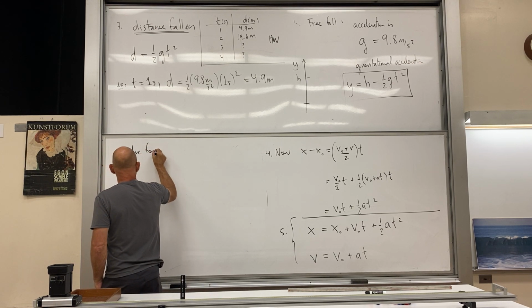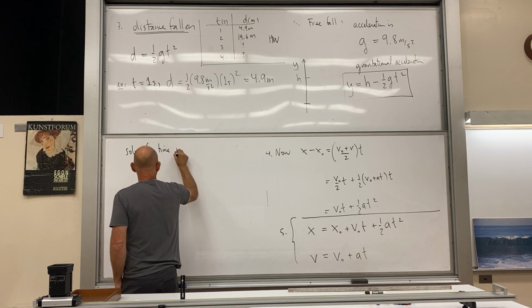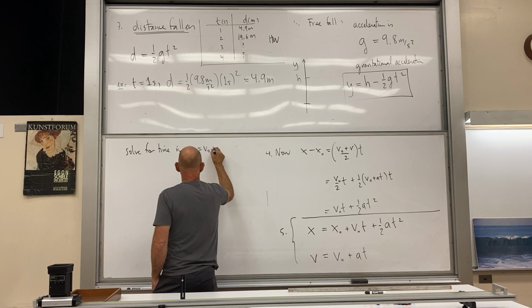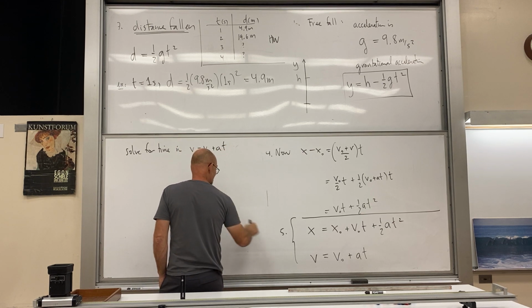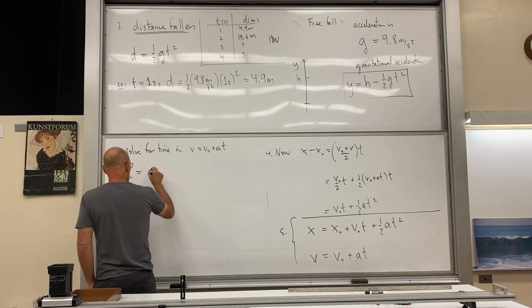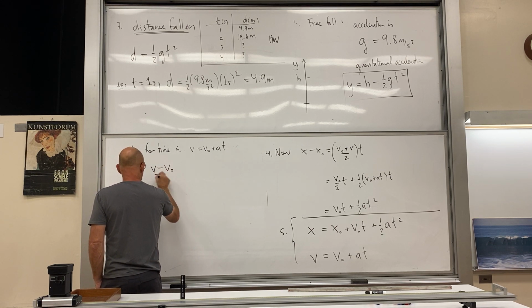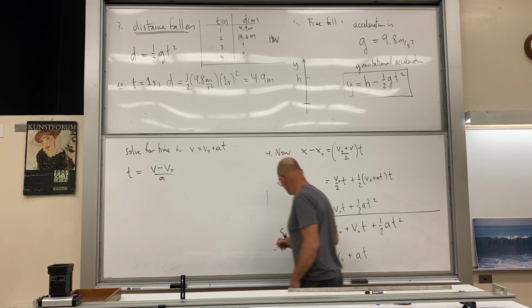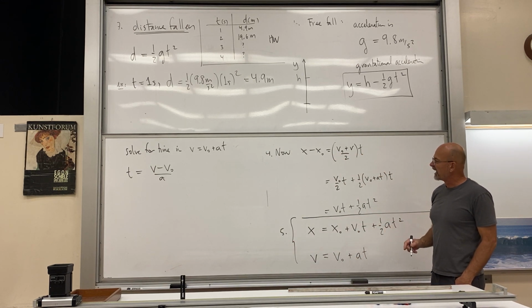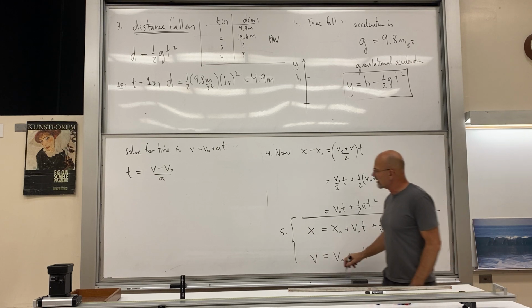Solve for time in v equals v0 plus a times t, that second equation. So t is equal to v minus v0 divided by a. It's a simple algebraic step, right? v minus v0 divided by a, and plug into here.